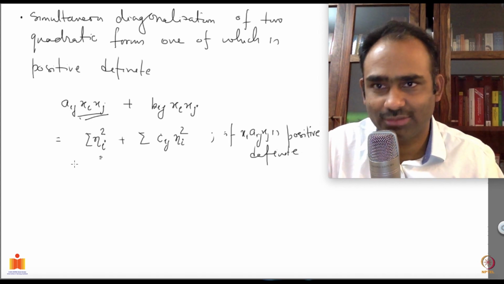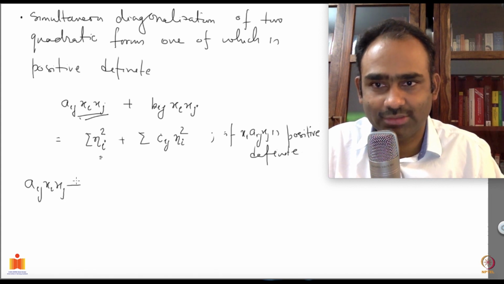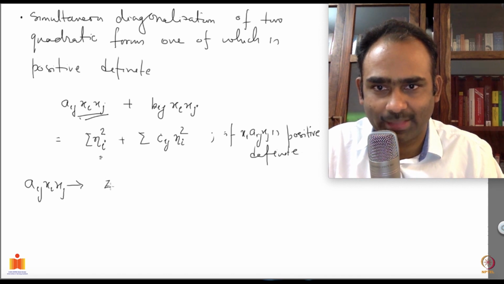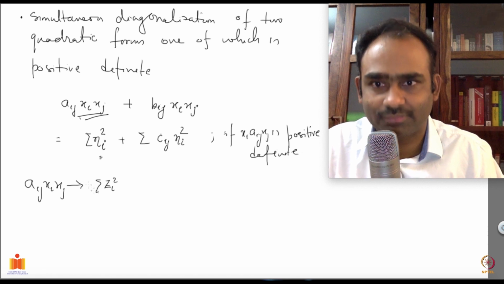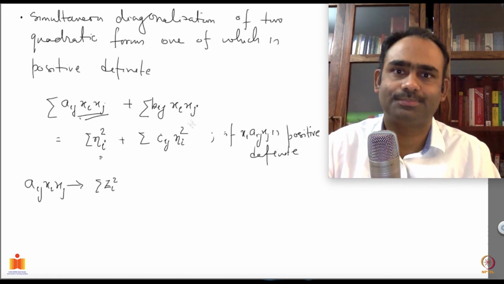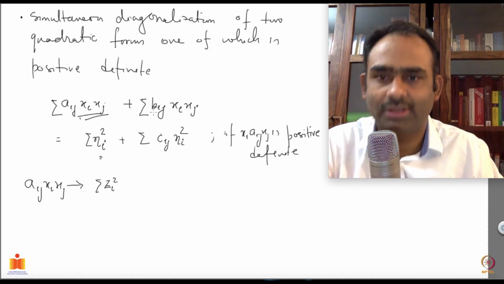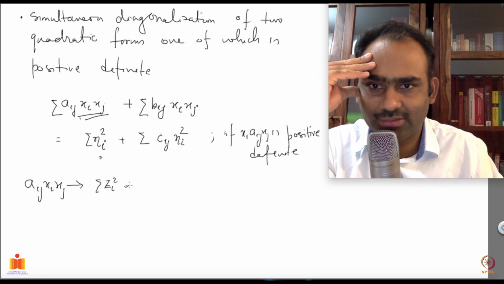So I can do a set of transformations, not orthogonal of course, and it will put this into the following form, sum of zi squared. Now that I am putting sigma, I should put it here also. This is what I have already shown.